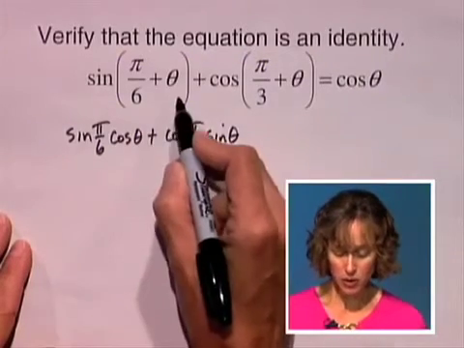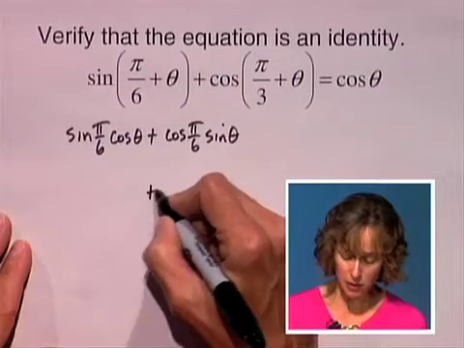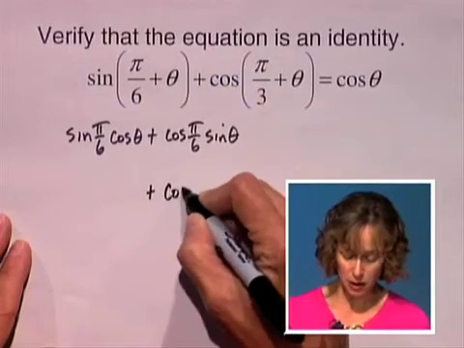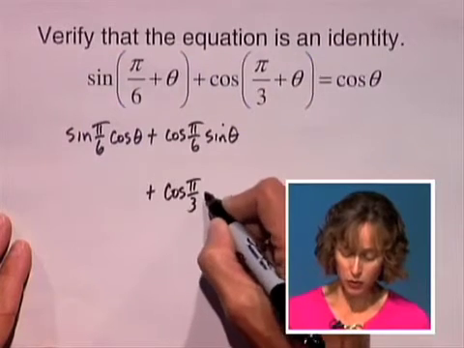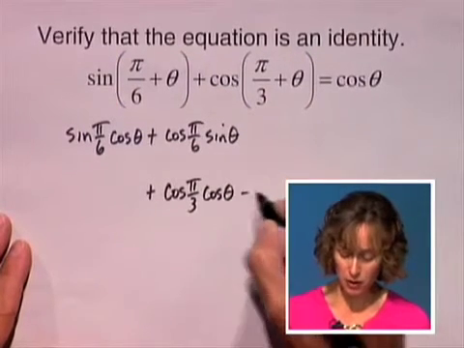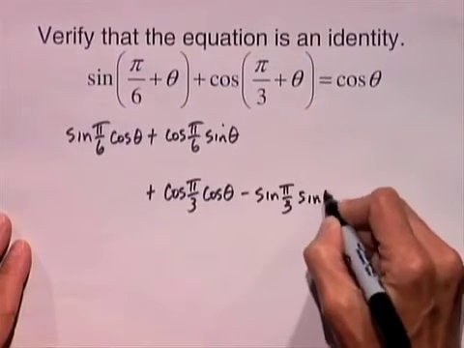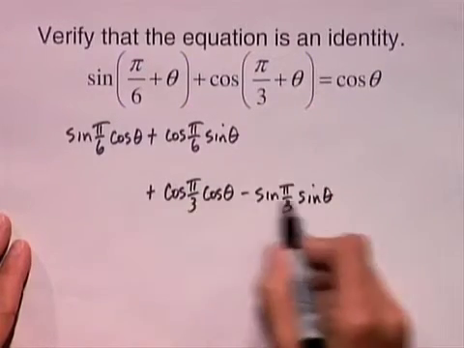That's sine of pi over 6 plus theta. I have that plus this cosine sum, applying the cosine sum identity, cosine pi over 3 cosine theta minus sine pi over 3 sine theta. So that's a first step.